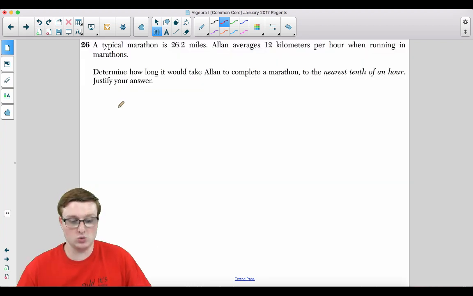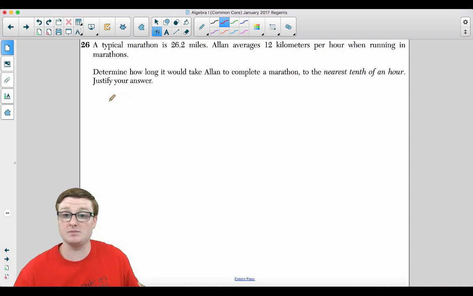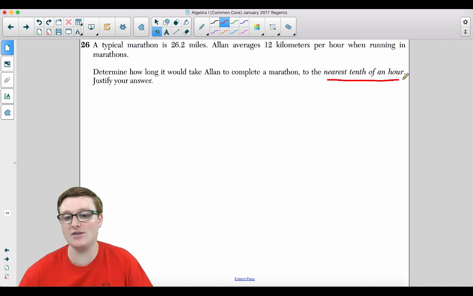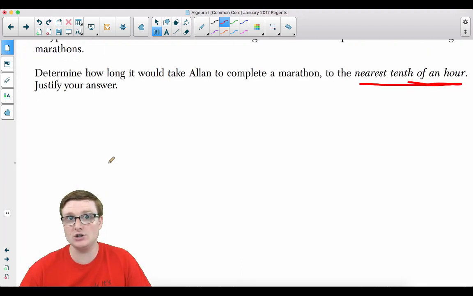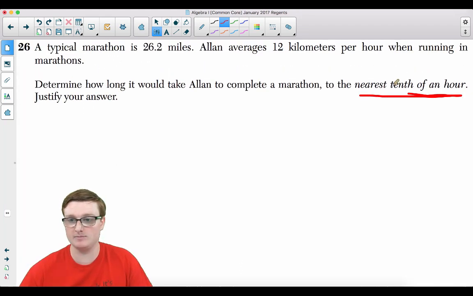A typical marathon is 26.2 miles. Alan averages 12 kilometers per hour when running in marathons. Determine how long it would take Alan to complete a marathon to the nearest tenth of an hour. Justify your answers. So, we have different units. We need to use our reference sheet. A typical marathon is 26.2 miles.